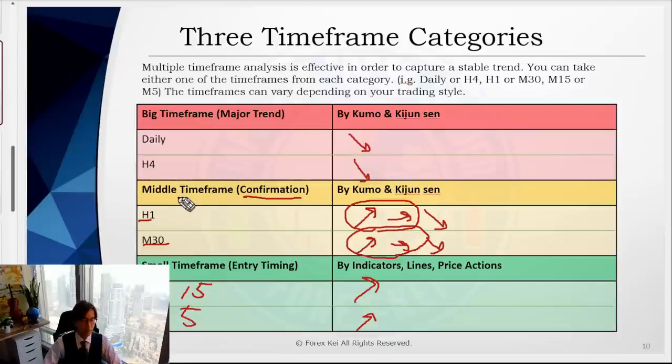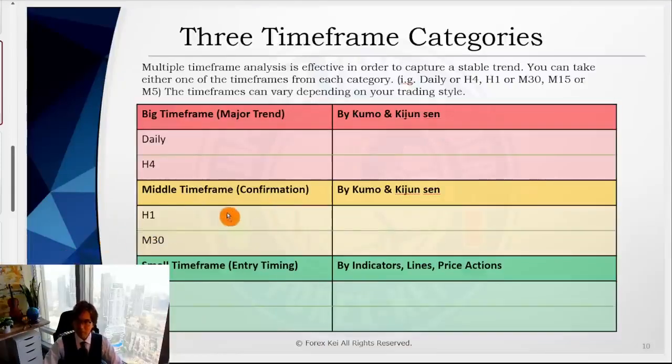So H1 and M30 may follow the downtrend in the long run, but if it's ranging or up, then the chance is 50-50 on these mid time frames. So this is about the probability, but if you see H1 or 30 to be downtrending also, then the probability of winning would be much higher. And this is the idea of the confirmation part of my strategy.